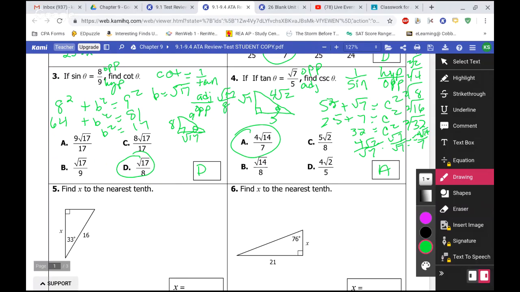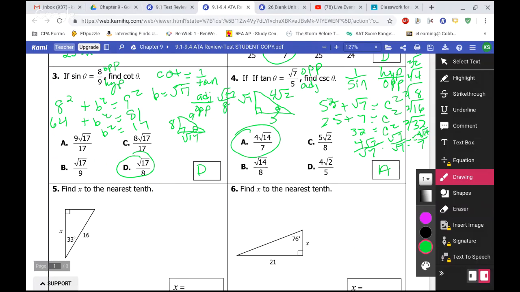So I had to rationalize my denominator by multiplying. That's the part that Alex helped me with. So I had to multiply root 7 over root 7. And so then I ended up with 4 root 14 over 7. Okay, that makes lots of sense. Thanks. Yeah, no problem.